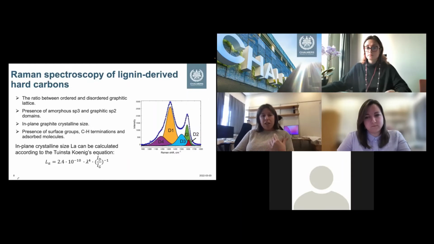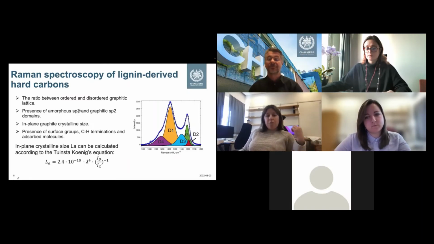We can get the ratio between ordered and disordered graphitic lattice, as well as the presence of amorphous sp3 or graphitic sp2 domains. The in-plane graphite crystallite size can be determined by this formula, the Knight equation, as the in-plane crystallite size depends on laser wavelength and the intensity ratio between the D and G band.